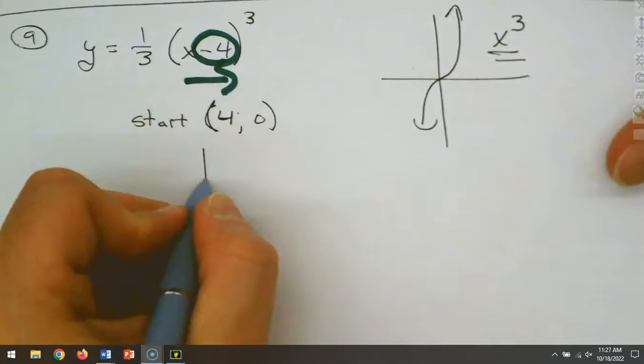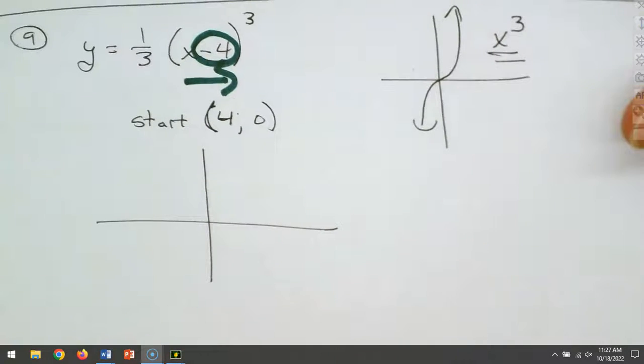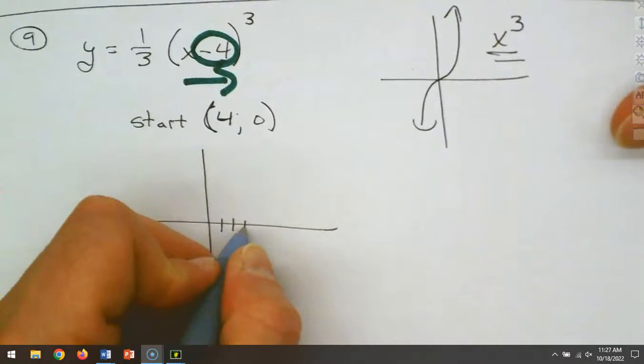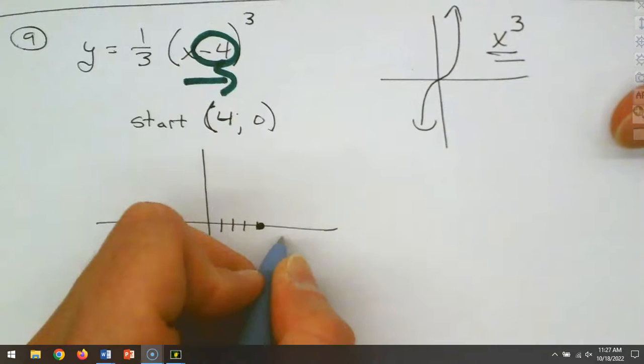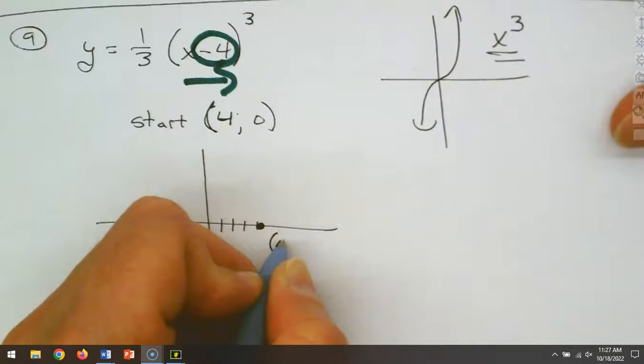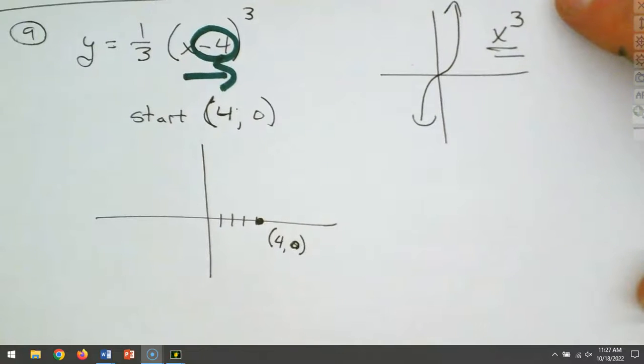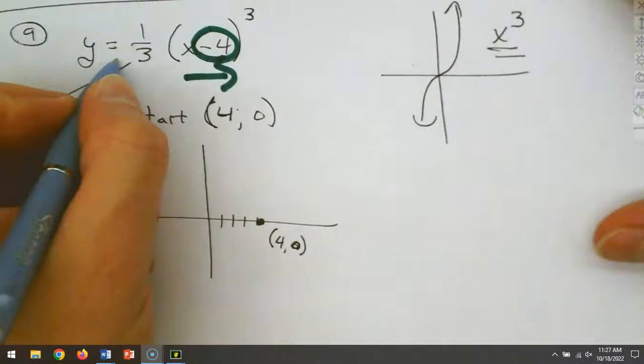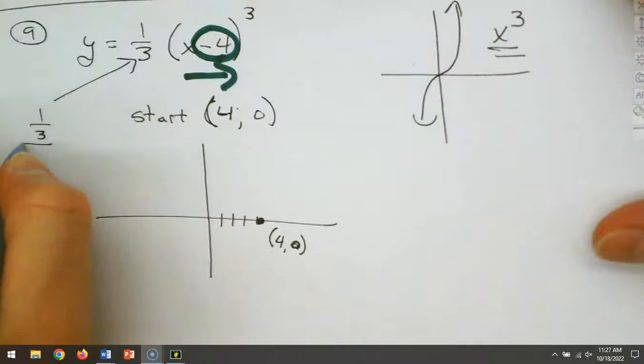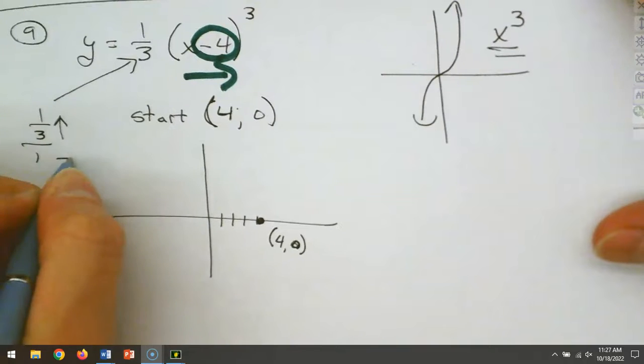So let's find out where we start. 2, 3, 4. So right there, we're going to start right here at 4, 0. And that 1/3, well, that is 1/3 over 1. So up 1/3 over 1.